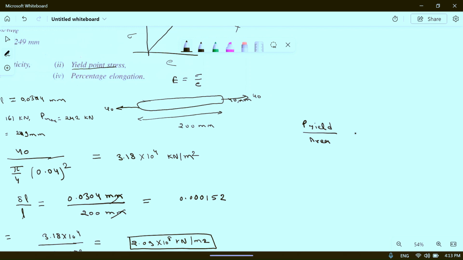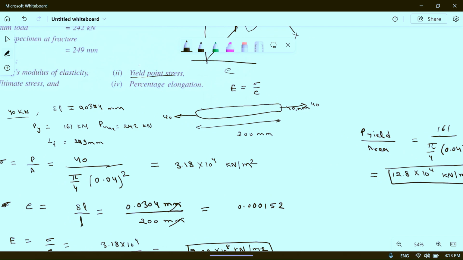We will get 161 kilonewton divided by pi by 4 d square area. It is 0.04 square. So if you calculate this, you will get 12.8 into 10 to the power 4 kilonewton per meter square. This is yield point stress.